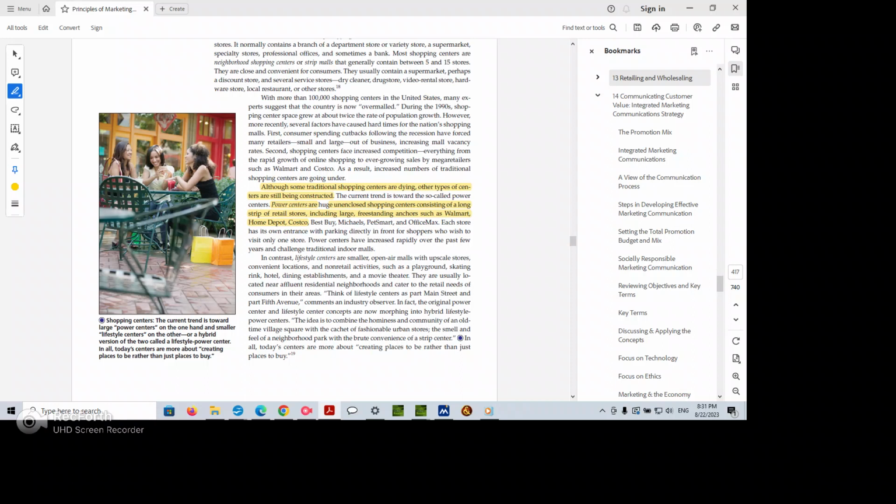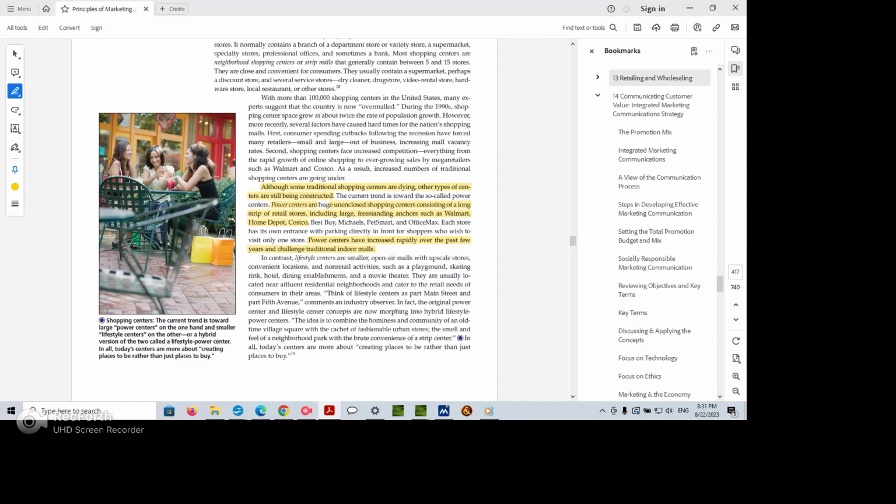Each store has its own entrance with parking directly in front of the shoppers who wish to visit the store. Power centers have increased rapidly over the past few years and challenge traditional indoor malls.